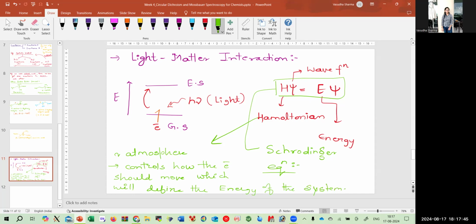Since we are shining the light on the electron, its electron cloud would be perturbed, and with respect to that, how it will move to the excited state and what energy it would obtain is defined by the Hamiltonian and the wave function.